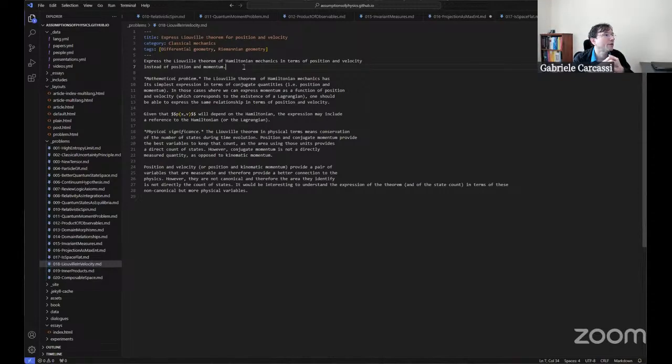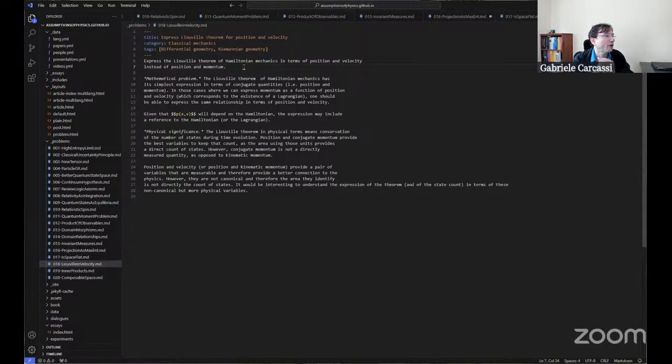So the Liouville theorem in physical terms means conservation of number of states during time evolution. Position and conjugate momentum provide the best variables to keep that count, as the areas using those units provide a direct count of states. However, conjugate momentum is not a directly measured quantity as opposed to the kinematic momentum.